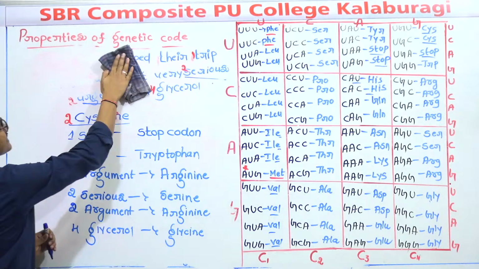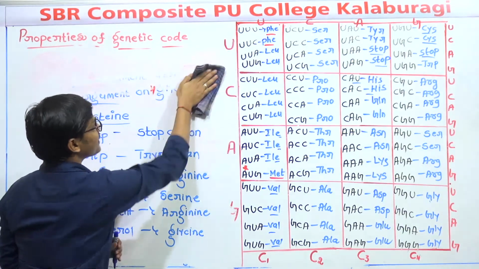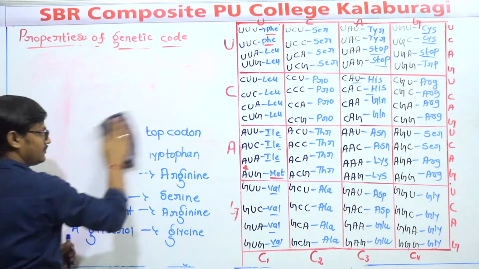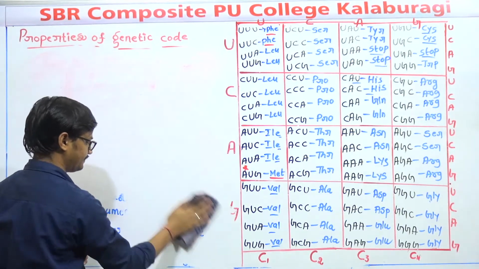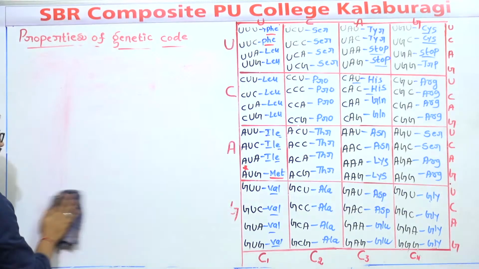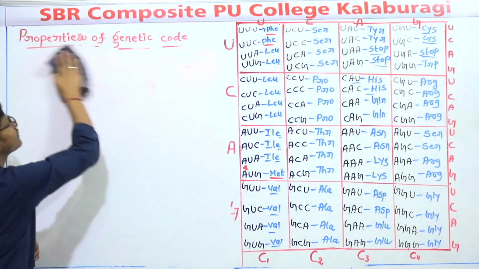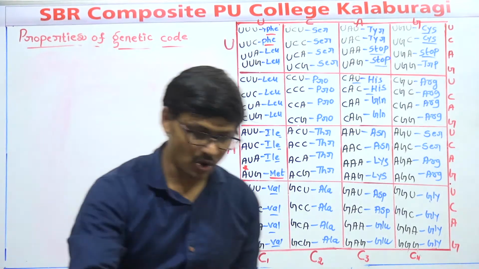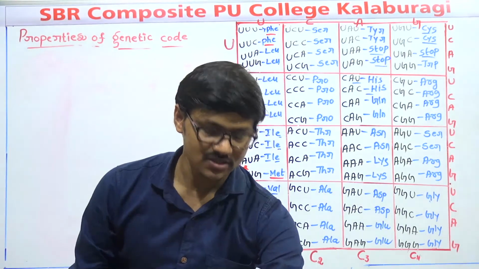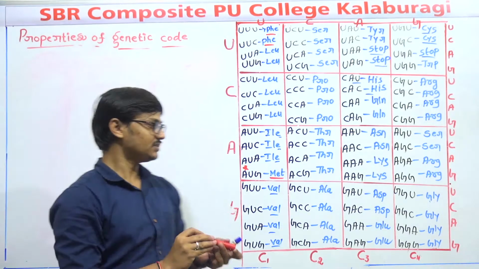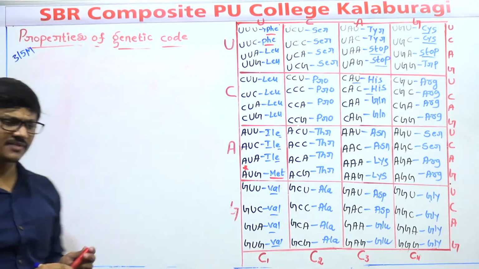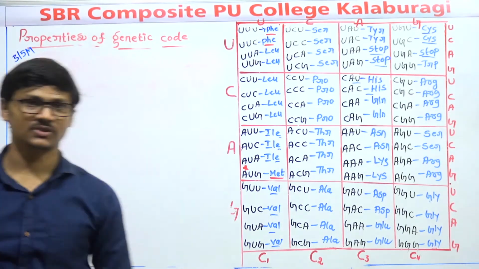Now let us discuss the properties of genetic code. Right? So now we need to discuss the properties of genetic code. And students, in theory examination, this is a possible 3 or 5 marks question. Many times they even ask it for 1 mark also.